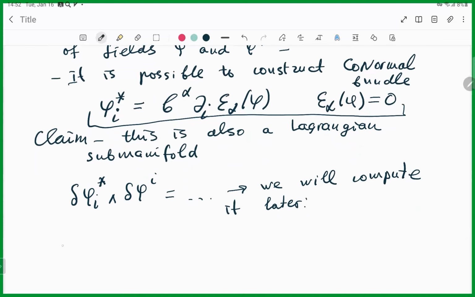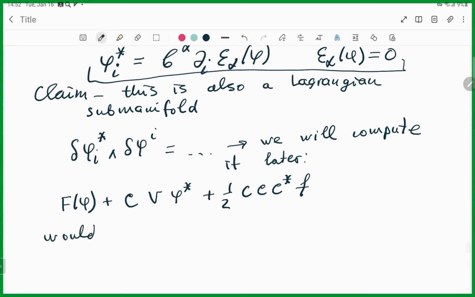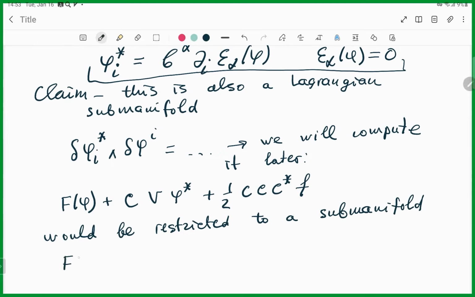And then we consider f of phi plus C V phi star plus C star f, one-half, reduced, restricted to the submanifold that I described above. And we will get f of phi plus.